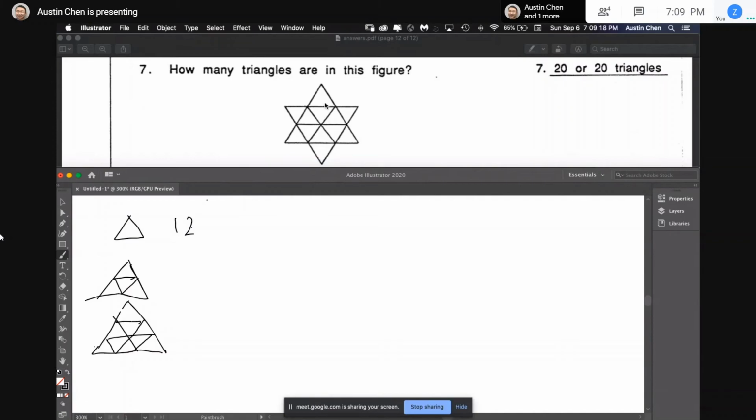If we look at this big upwards triangle here, you can see that there are three of the medium-sized triangles that are going upwards. So let's put 3 up for now, and same thing by symmetry with the downwards one.